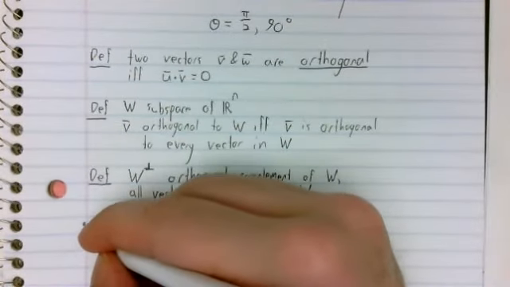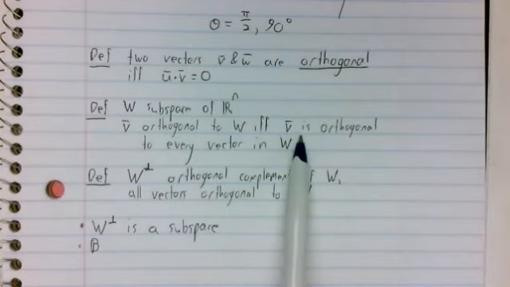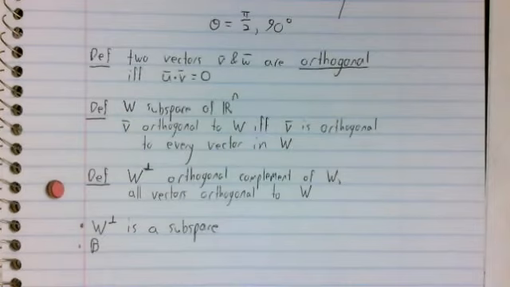Second, the way this is stated, to determine whether a vector is in the orthogonal complement would be quite difficult. You need to check whether it's orthogonal to every vector in W, and there are an infinite number of vectors in W.